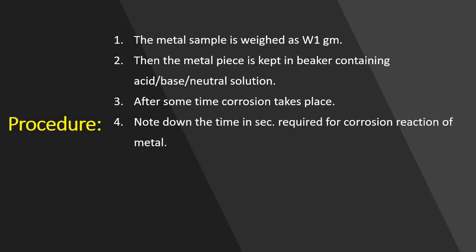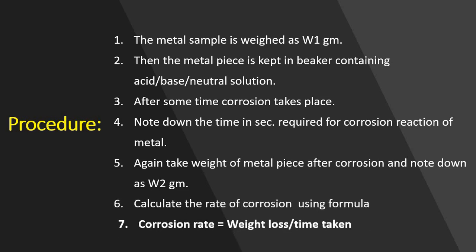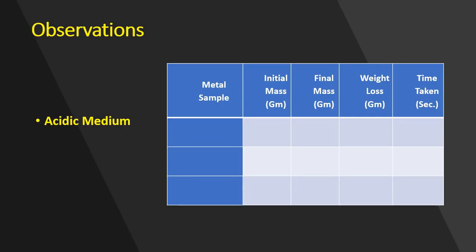Then you have to note down the time in seconds required for the corrosion reaction of the iron nails. Again you have to take the weight of the metal piece, that is the iron nail, after corrosion, and note down that weight as W2 gram for each of the 3 samples. Then you have to calculate the rate of corrosion using the formula: corrosion rate is equal to weight loss divided by time taken. Now we will see the observation table.